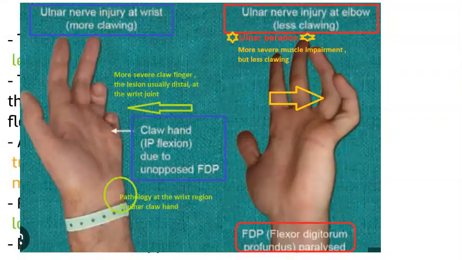This figure will explain the ulnar paradox clearly. On your right hand side, the ulnar nerve injury at the elbow will cause less clawing. That's why it's called ulnar paradox, because of more severe muscle impairment but less clawing. The flexor digitorum profundus is paralyzed.